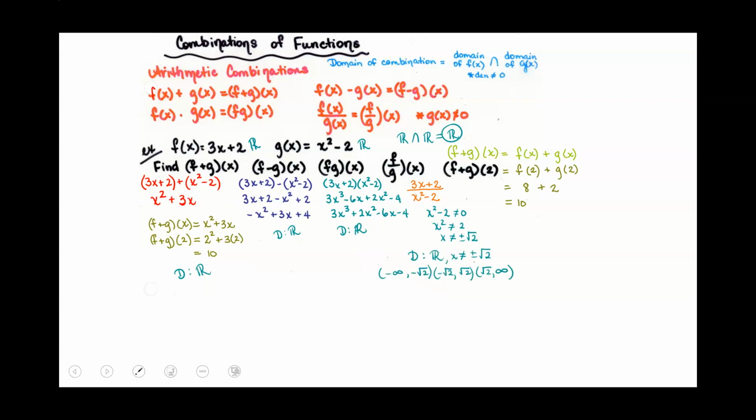So it can be all real numbers except for positive, negative square root of 2, or we could give interval notation for that. So we start at negative infinity and go to negative square root of 2. We'll have to jump over the negative square root of 2 because I can't be equal to it, and then go to the positive square root of 2. Jump over that because I can't be equal to it, and then go on to infinity. And you could put union symbols in between those pieces as well.